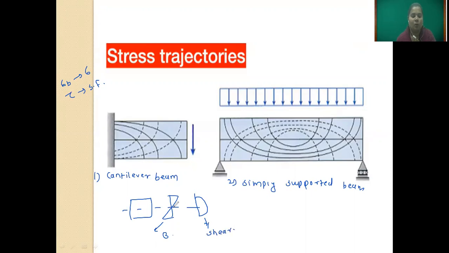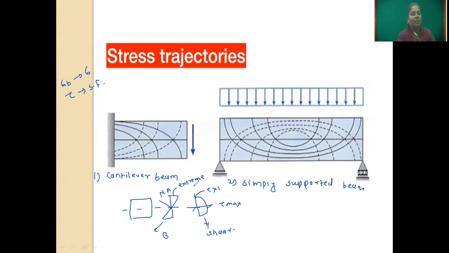Bending stress is maximum at the extreme fiber and 0 at the neutral axis. Whereas in the shear stress distribution diagram, shear stress is maximum at the neutral axis and 0 at the extreme fiber. Already we have discussed these parts.